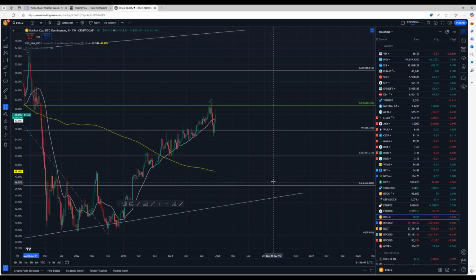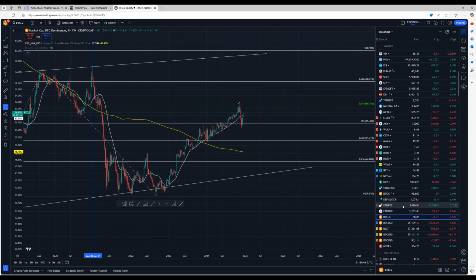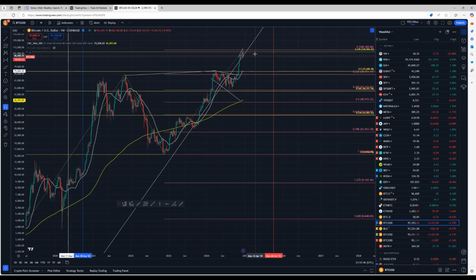Altcoins. I think everyone's kind of waiting around for altcoin season. That's totally dependent on whether Bitcoin gets down here. It needs to sell off, get down to somewhere, and stall out, and get another bounce. We did it here, got a bounce.